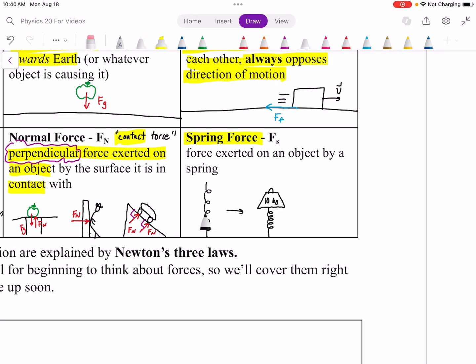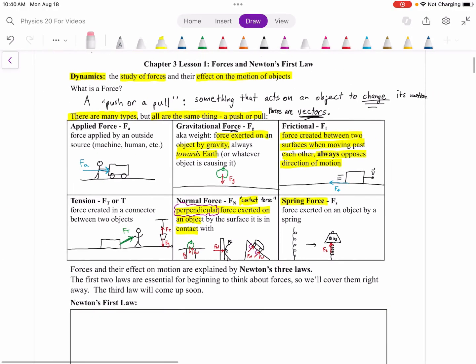So if I were to take a relaxed spring and then squish it down with a mass, the spring is going to be pushing back up, trying to stretch back out on our mass, right? And hey, what caused it to squish down in the first place? It would be that force of gravity, okay? So forces, again, all have different origins, so to speak, but they're all the same thing. They're pushes or pulls that can act on an object to change its motion.